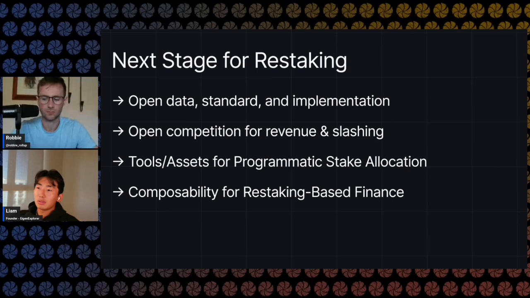And finally, I think it's really the composability of restaking focused finance, right? Restaking has been branded as many things, right? It is a derivative in itself. It is a launchpad for these services, and it is, as we talk a lot about today, a marketplace for decentralized services, right? And I really do think that if we're taking from a decentralized marketplace perspective, it is crucial for us as an ecosystem or as a community to start building composability, or building on top of the restaking protocols.